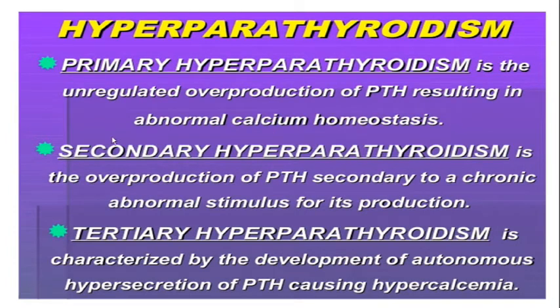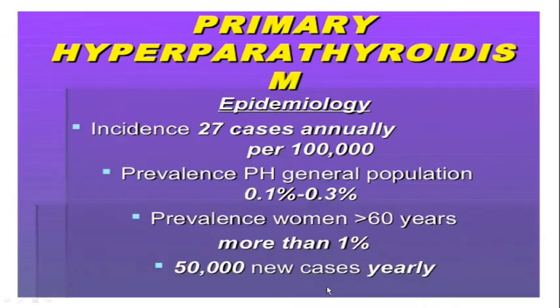Secondary hyperparathyroidism can be due to other associated or chronic conditions leading to a decrease in serum calcium level. Then there is tertiary hyperparathyroidism, which is characterized by the development of autonomous hypersecretion of PTH, thus causing hypercalcemia.